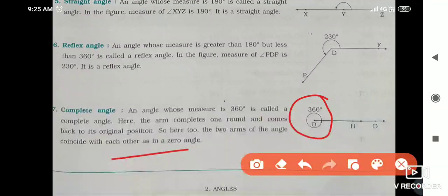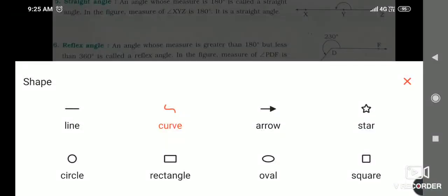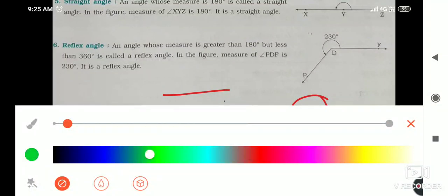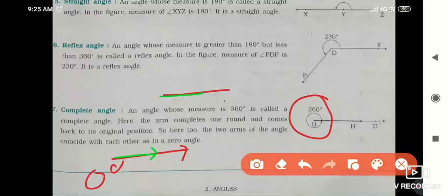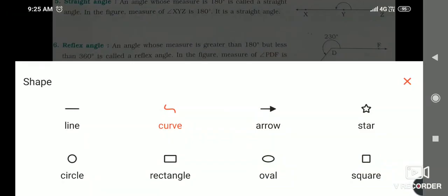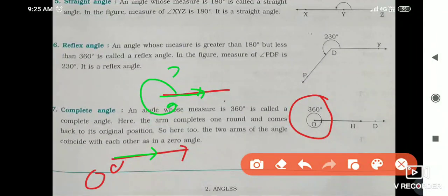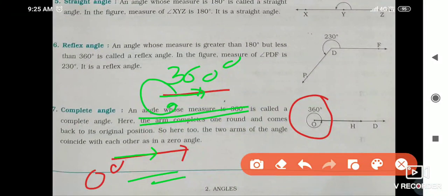But the difference is that in the 0 degree angle, this is the starting of the angle and it has not moved; this is called a 0 degree angle. The other is the 360 degree angle. In this angle, the rotation of one arm is completed, and its measure is written as 360 degree. So this is the complete angle and this is the 0 degree angle.